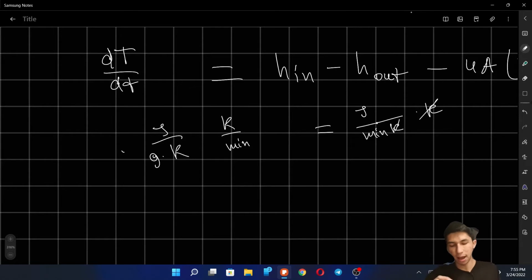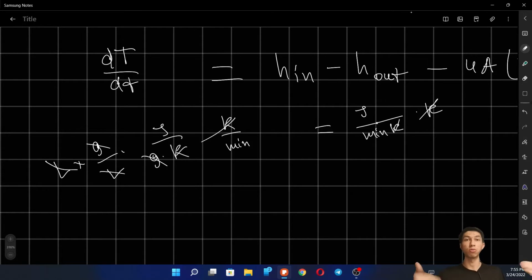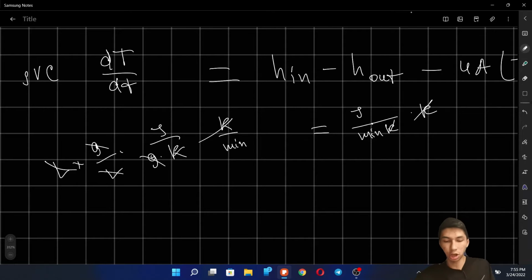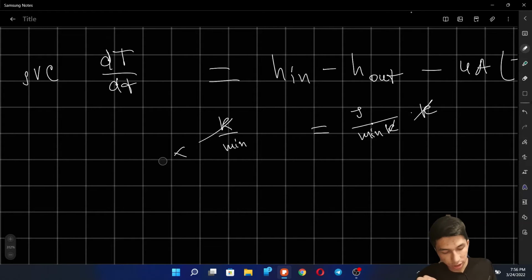And if we multiply this by the density and volume, so it's going to be liters times grams over liters, we can get rid of this, this, and this. So in both sides, we're going to have a unit of joules per minute, so the rate of change of energy. Which means we should multiply this side by rho times volume times heat constant. And that's going to be our second differential equation.